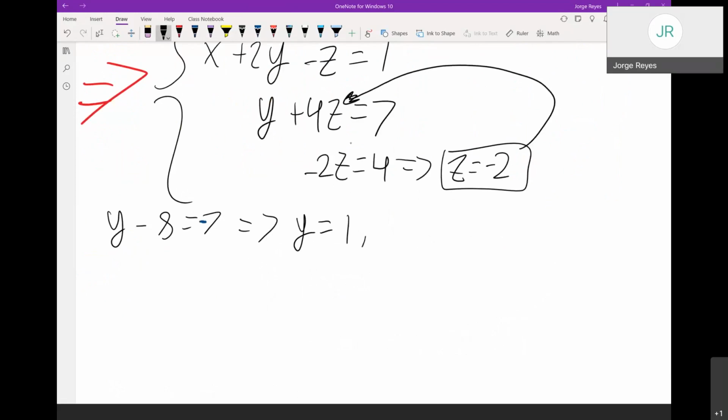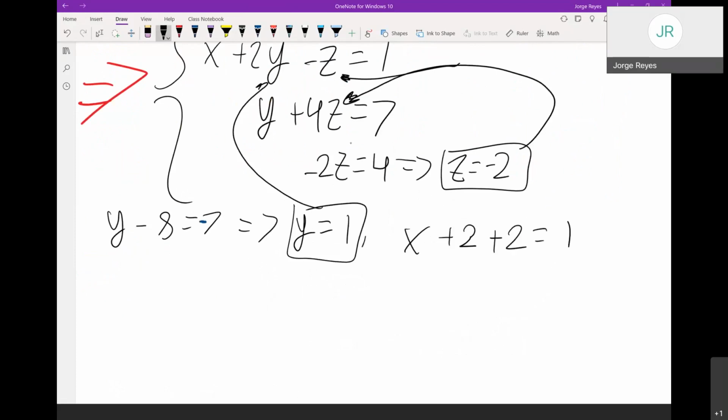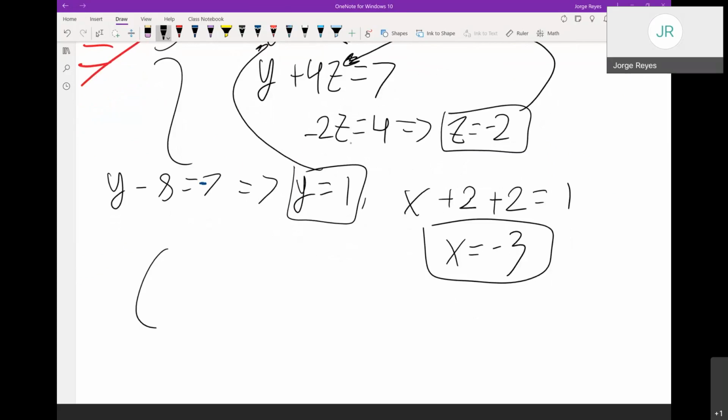And then plug that one into here, and this one into here, and you're going to get x plus 2 plus 2 equals 1. So then x equals -3, and ta-da, you're done. The answer is -3, 1, -2.